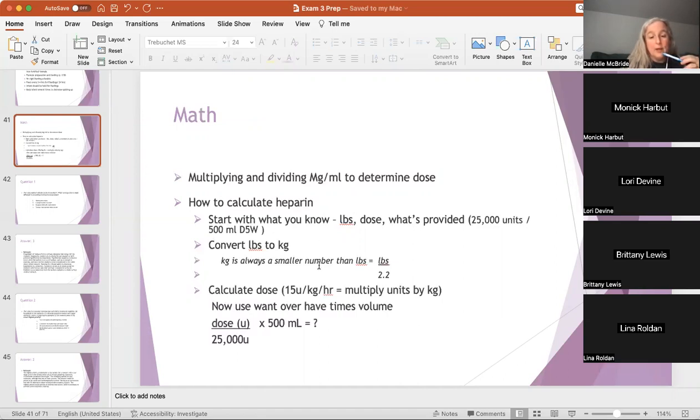Do we know the weight? Nope. So that's why we used a different problem. So here's what I was just showing you guys: how to calculate heparin specifically.